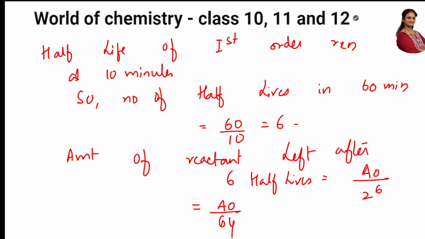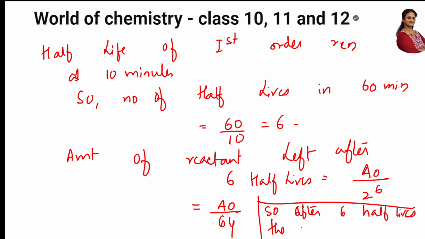So I go to this question. I'm again telling you, students, first initially I've written the basic thing. Correct? So shall I complete this? So after 6 half-lives, the fraction of reactant left will be 1 by 64th of the initial concentration.